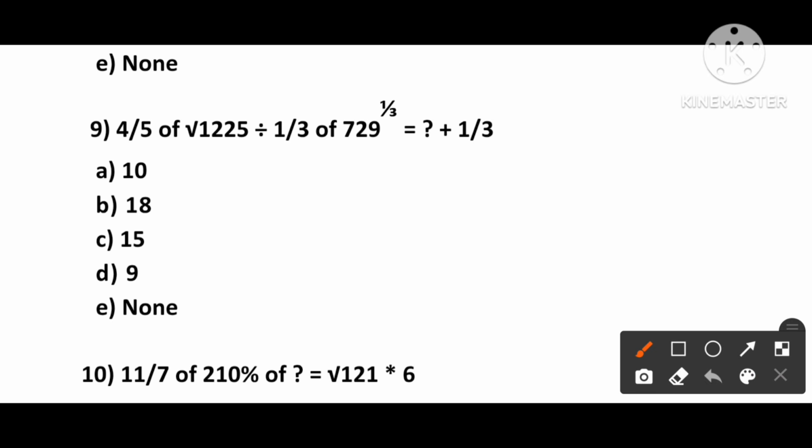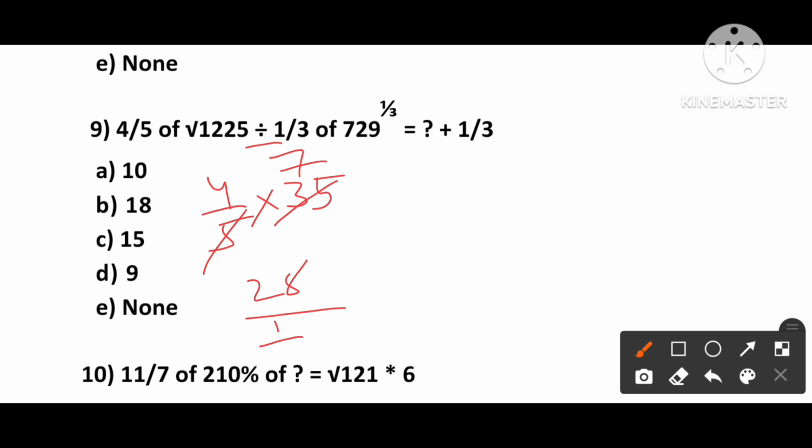Here we see 4 divided by 5 into root over 1225. It will be the value of 35. 5 7 times. 7 4 times, which will be 28. 28 here divided by 1/3 of 729 whole power 1 by 3 means 9 cube. So the value will be 9. 3 times.